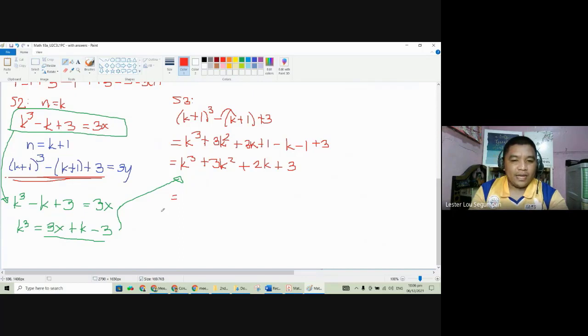Hence, k cubed now is 3x plus k minus 3 plus the additional terms 3k squared plus 2k plus 3. So we have this expression here. Let's have 3x, and let me arrange the terms with k into decreasing order of exponents. So you have plus 3k squared. k plus 2k is plus 3.